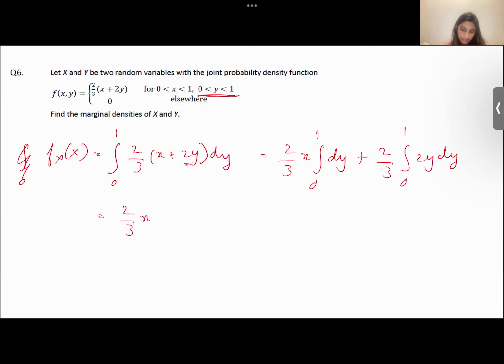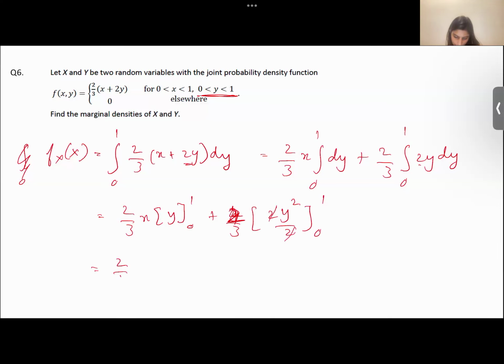So it has to be 4y, right? This 2 also comes out. If you integrate 2y, you'll get 2y square by 2, and you cancel it anyway, 0 to 1.